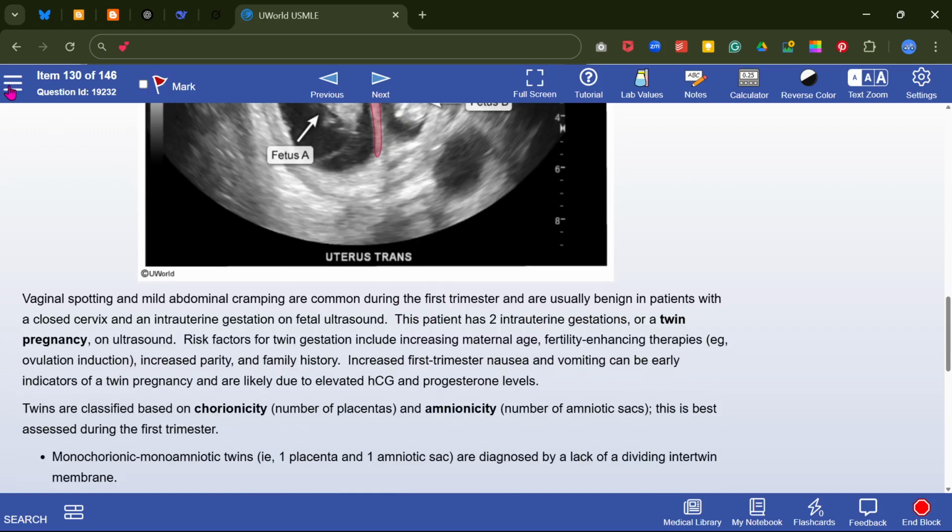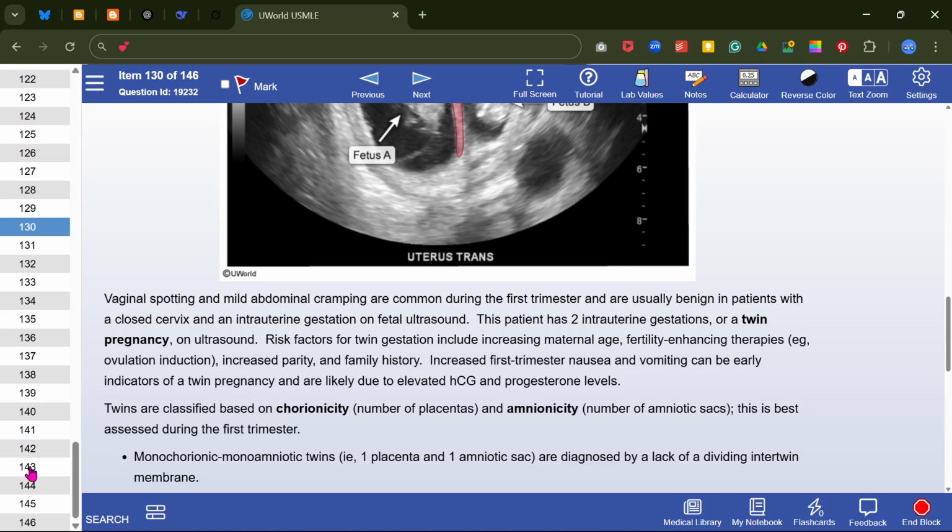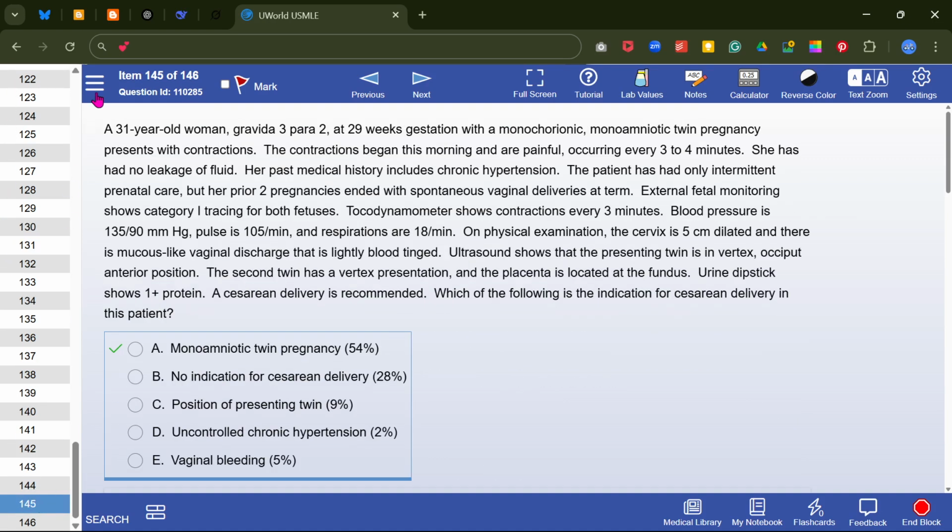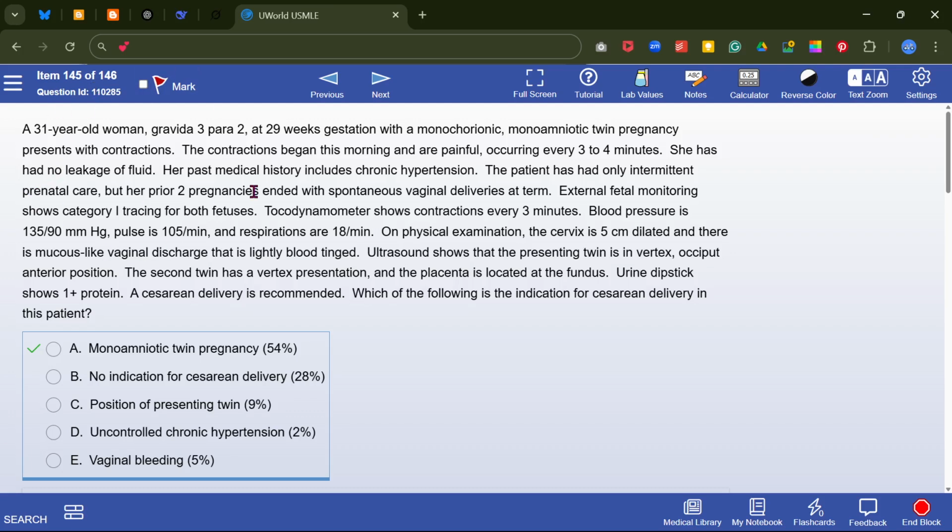Okay, if we see another question like this, a 31-year-old woman, there is monochorionic monoamniotic twin pregnancy, double M. Double M for C, cesarean. The contractions began and are painful at 29 weeks, occurring 3 to 4 times.